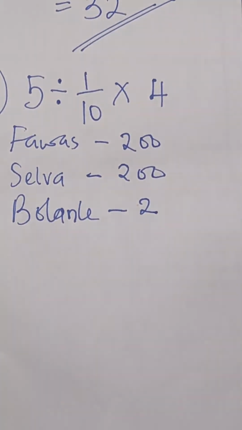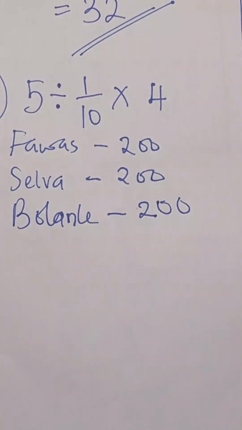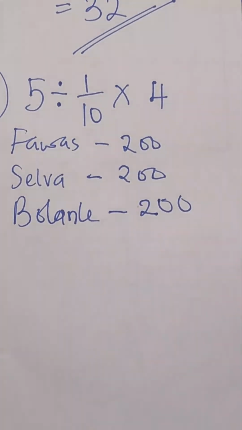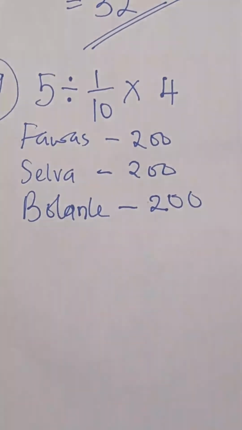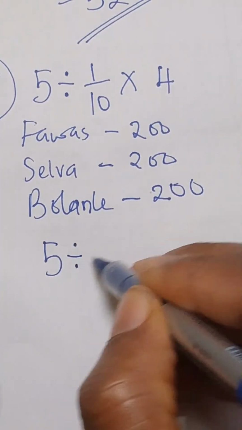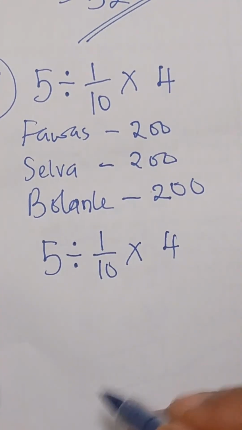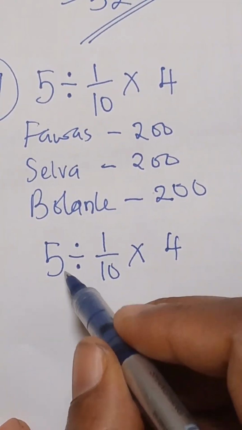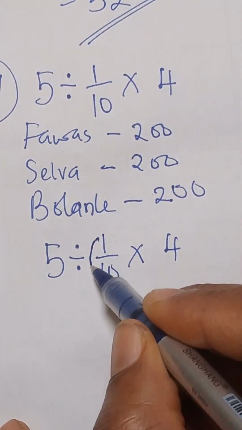Okay, Bolanle, you say 200. All right, let me quickly solve it. So we have 5 divided by 1/10 multiplied by 4. Now, I told you earlier, whenever you have division, you change it to multiplication, but you flip the fraction.